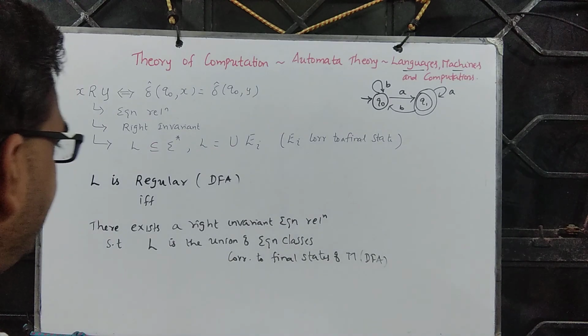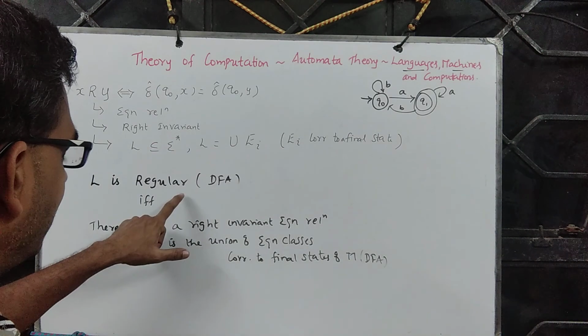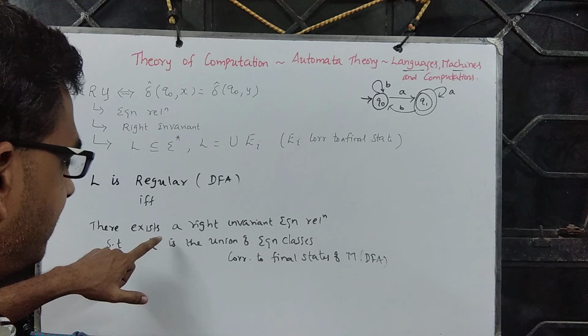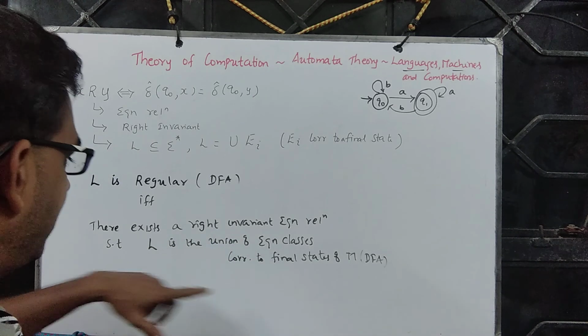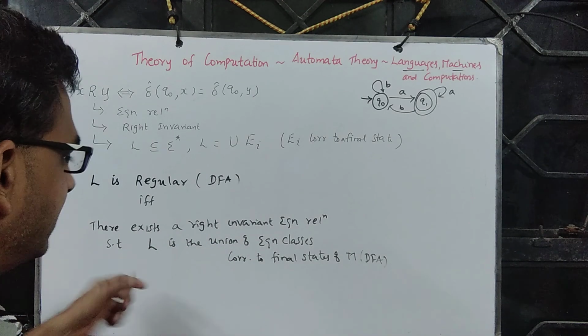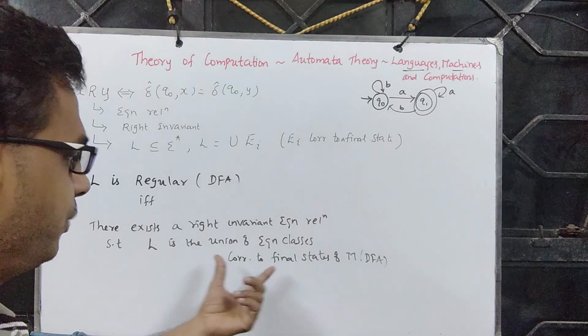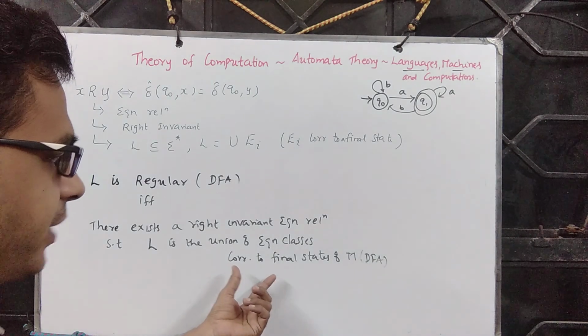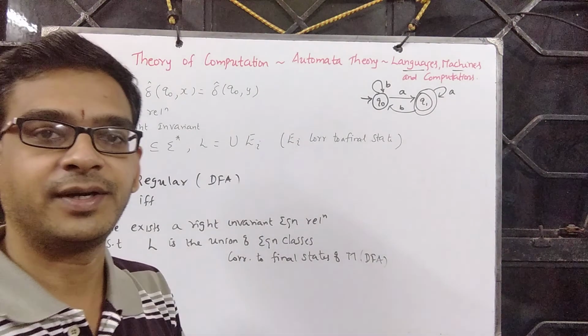So we get to see that if L is regular, then there exists a right invariant equivalence relation such that L is the union of equivalence classes corresponding to final states of M.